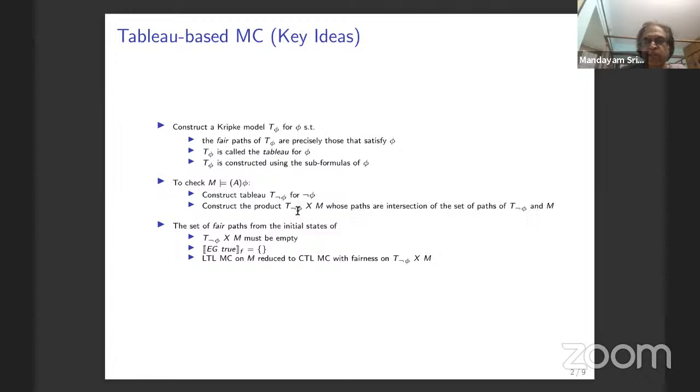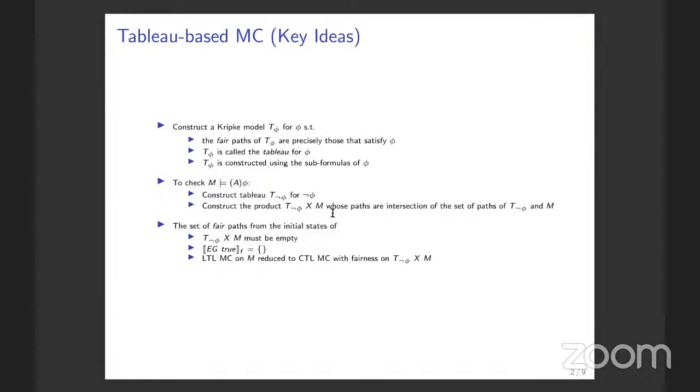The states of this product machine will be a cross product of these things: the first component will be from T, the second component will be from M. So the fairness condition on the product machine is just extended to those states in which the first component satisfies the fairness condition. Okay. That's how it's done.